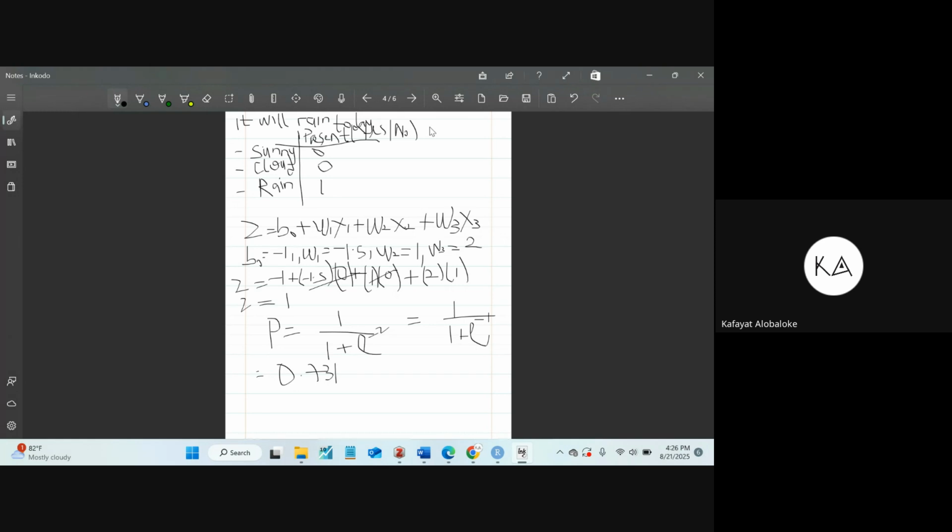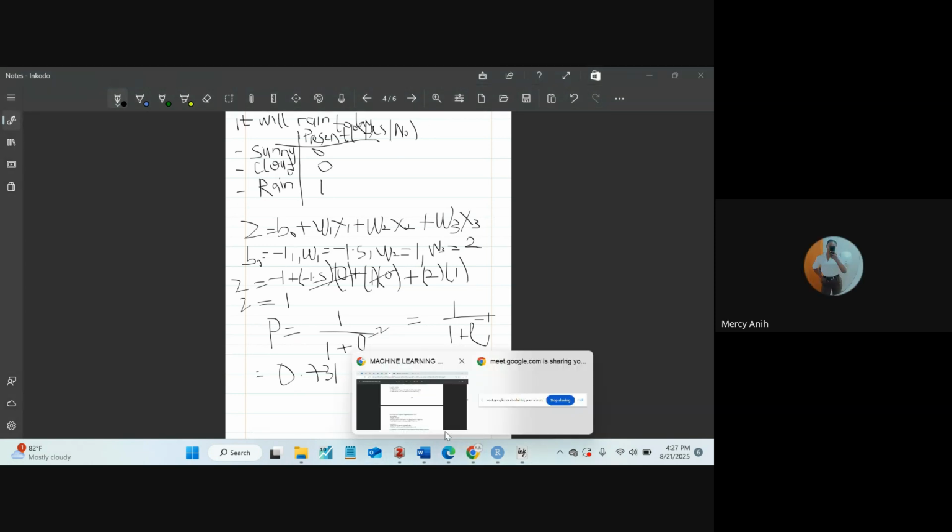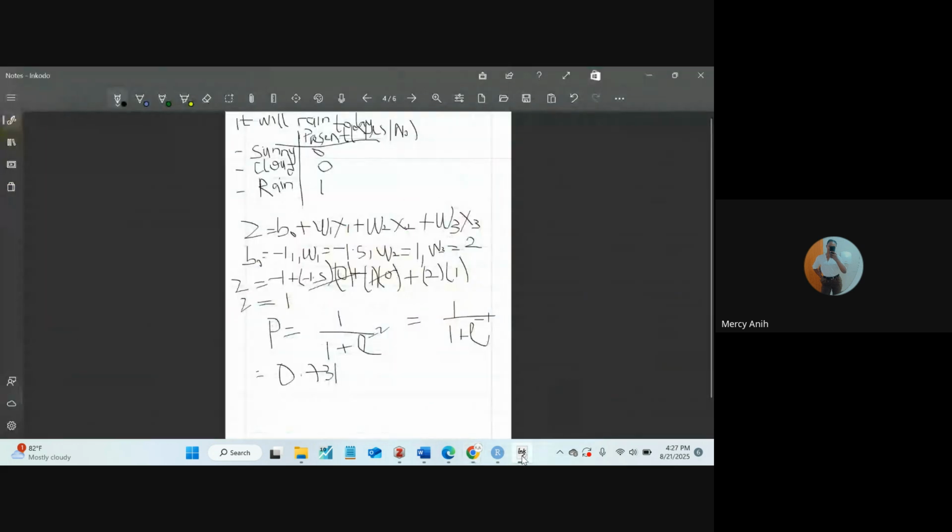Okay, so I think the probability is 0.7, which means it is very close to 1, where 1 is positive. Yes, that's the rule. So that means it will rain that day. That means the probability is high that it will rain that day.